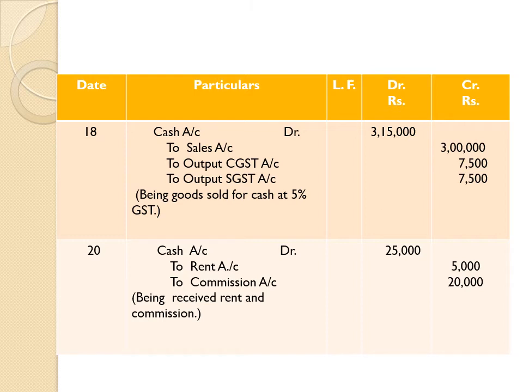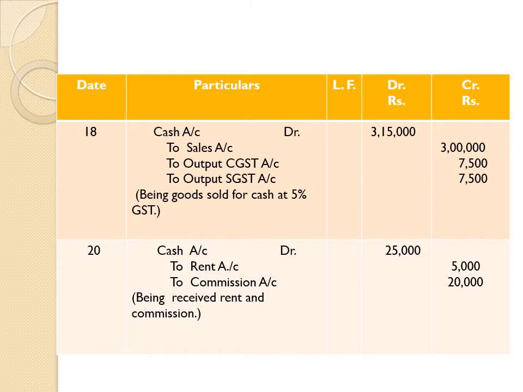It means that 15,000 upon 2 is equal to 7,500 for central government, 7,500 for state government, and if the transaction is related with sales, we give credit to GST by mentioning output GST.